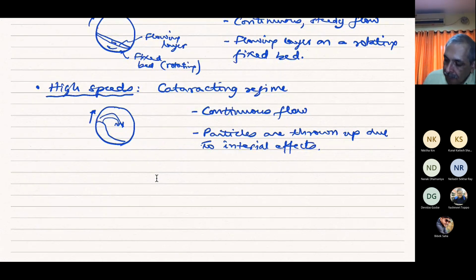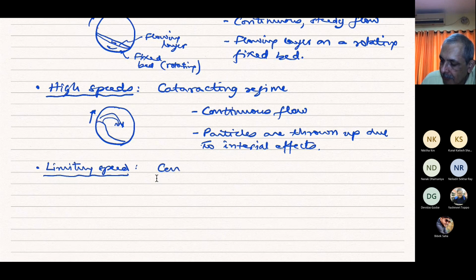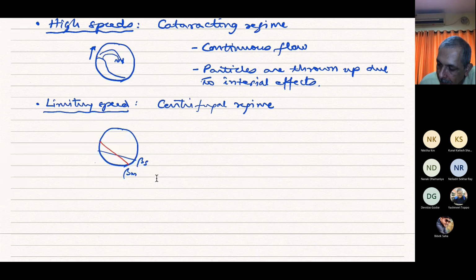And then there is something called the limit, and that is the centrifugal regime. Might draw it again and you can just paste it.